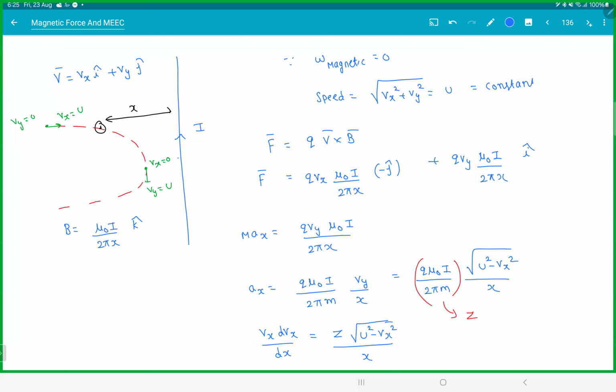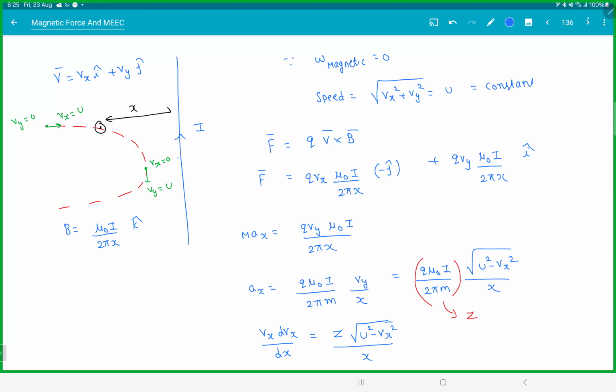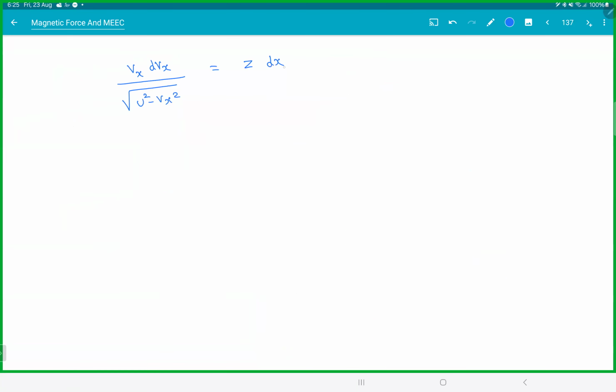Make sense? Now I know everything in terms of x and dx. So bring it down here. vx dvx by root over u square minus vx square is equal to, that is z dx by x.